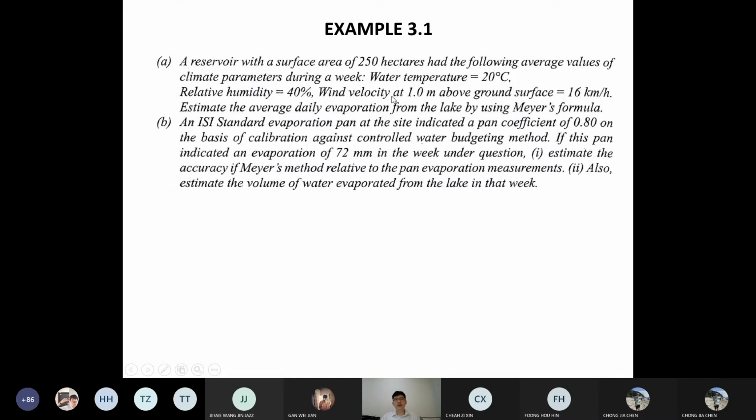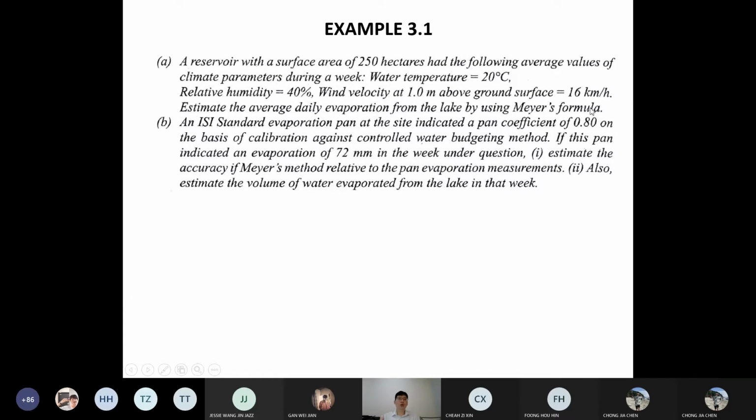We are given the wind speed 1 meter above the ground. Mayer says the wind speed we want to consider is at about 9 meters, so this 1 meter value presumably is the same at 9 meters, 16 kilometers per hour. Given this information, estimate the average daily evaporation for the lake using the Mayer formula.